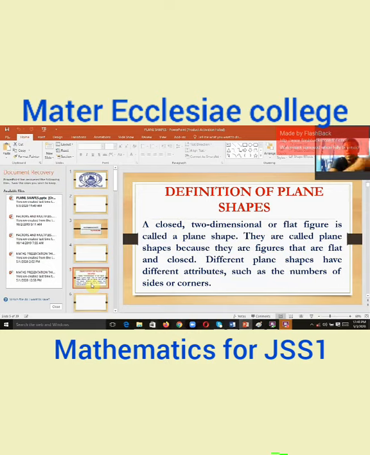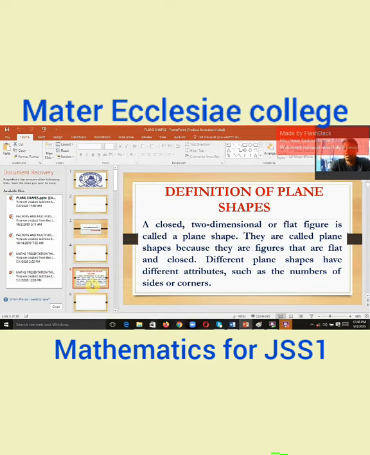The plural form of vertex is vertices. So different plane shapes have different attributes. For example, a triangle has 3 sides. A square has 4 sides. You can see that they are different in terms of number of sides.